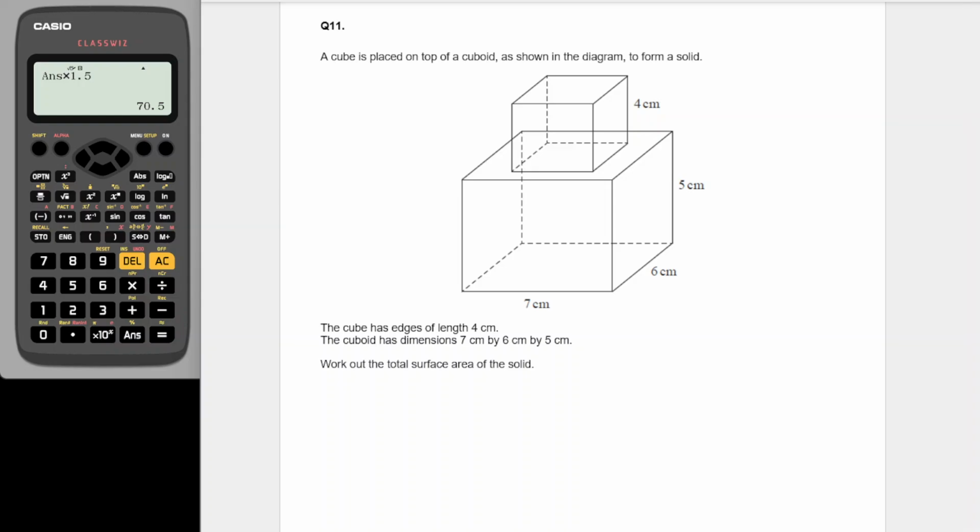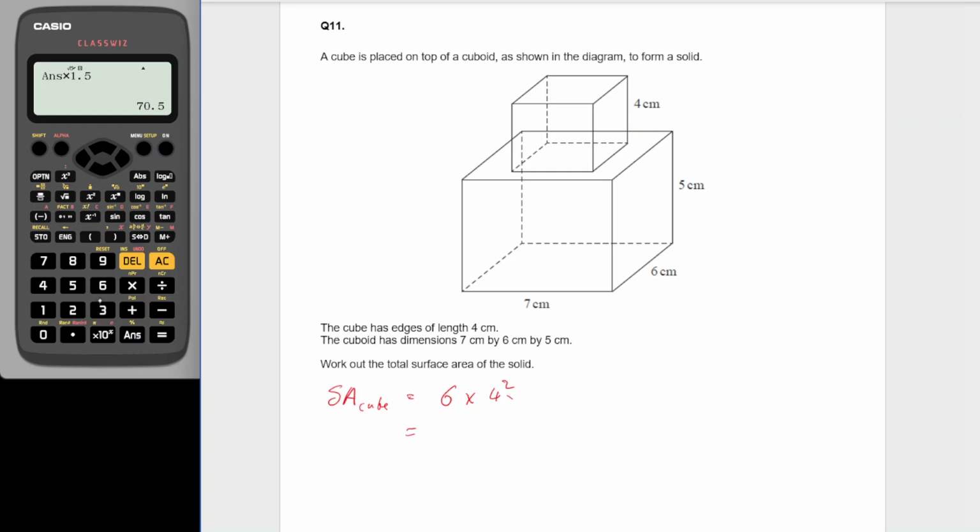Okay, so I'm going to say that the total surface area of the cuboid, so the surface area of the cuboid, stressing over what letters to use, cube. So we'll do the cube first of all. We're going to have 6 times 4 by 4, or 4 squared.